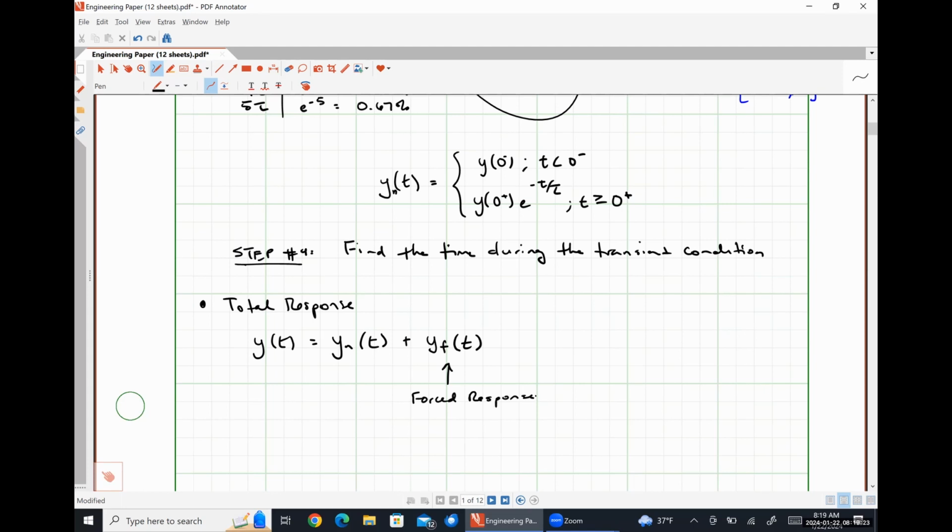And the forced response of the system is nothing more than whatever the system is being forced to do due to the presence of some sort of excitation source, meaning a voltage source or a current source or some combination thereof. Okay.